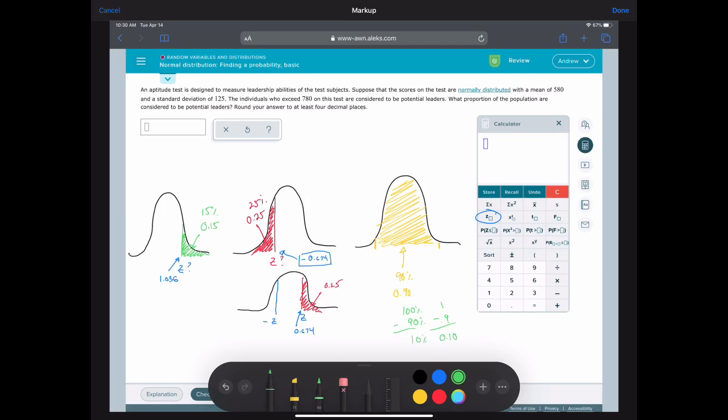That leaves us with 10% on the outside. So that's 10% here and here. Since we're symmetrical again, what we need to do is take that 10% and divide it by 2, and we get 0.05. So this area right here accounts for 0.05, and this area right here accounts for 0.05.